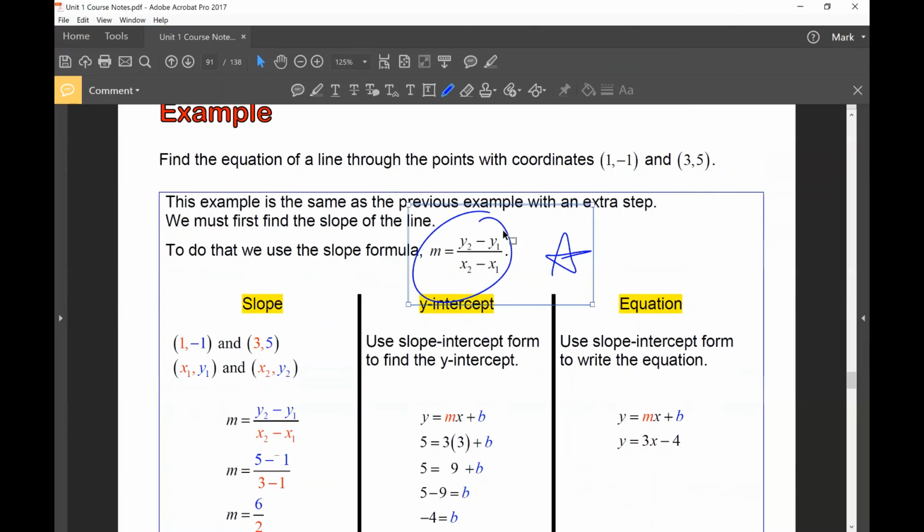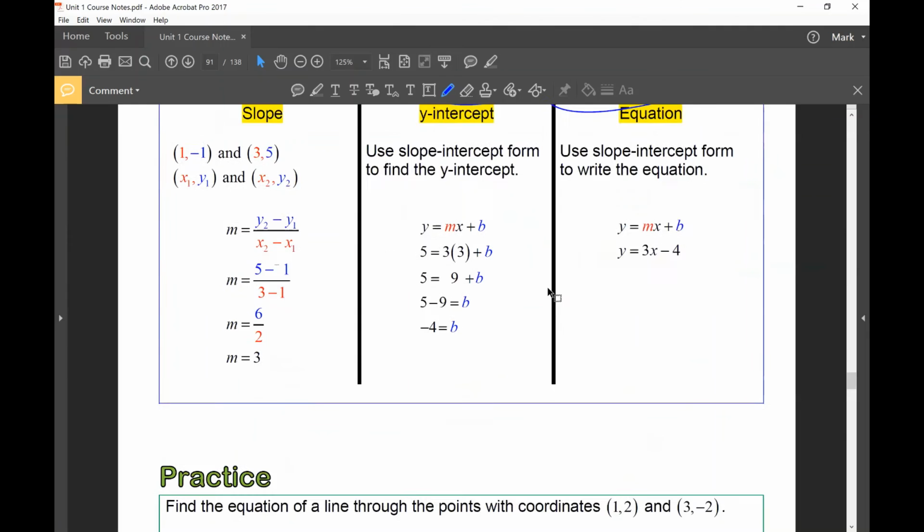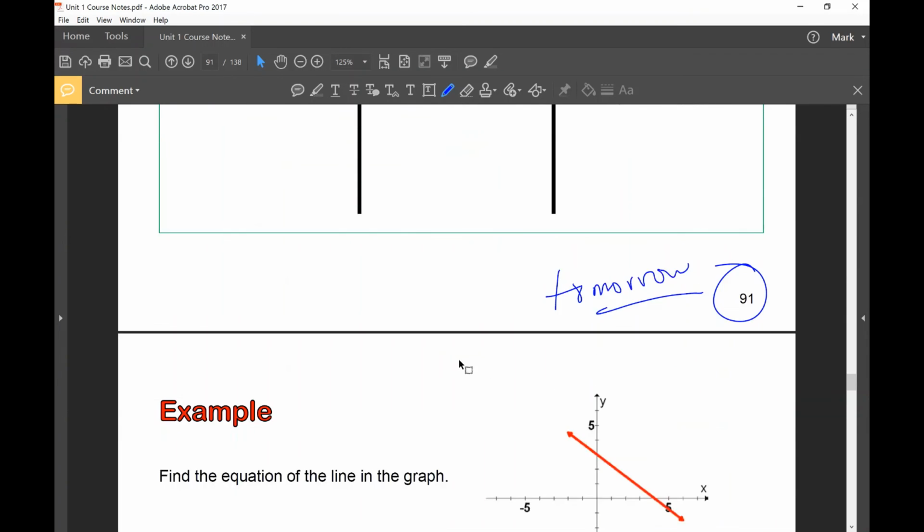Let's do this part tomorrow, because this is a bit much to be introducing in the last 5 minutes of class. So guys, I'm not going to skip this. We are going to do page 91 tomorrow. Sorry about my spelling.